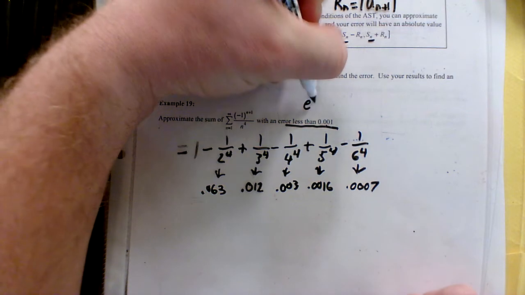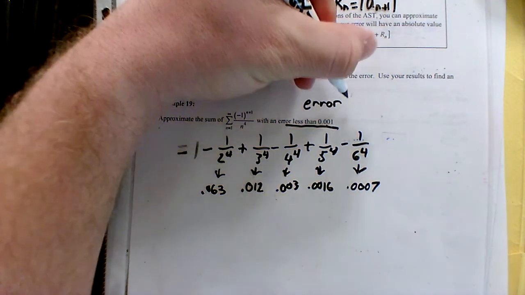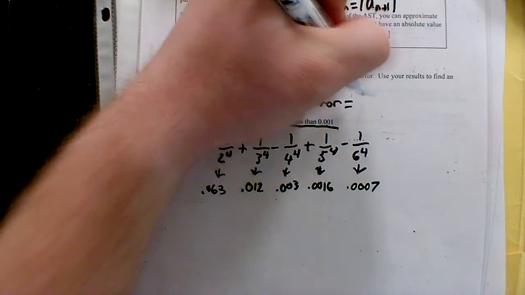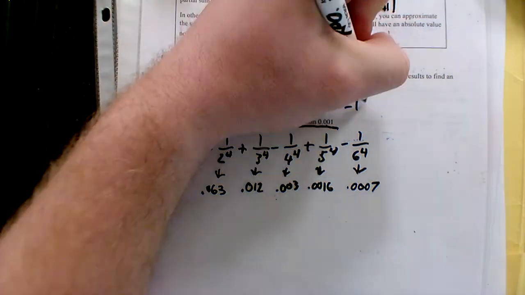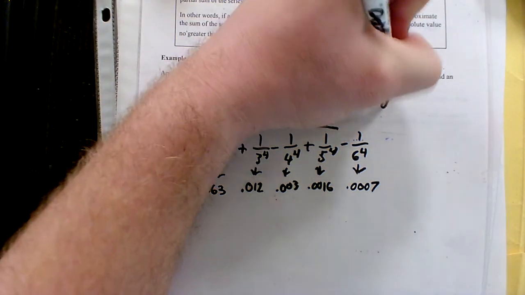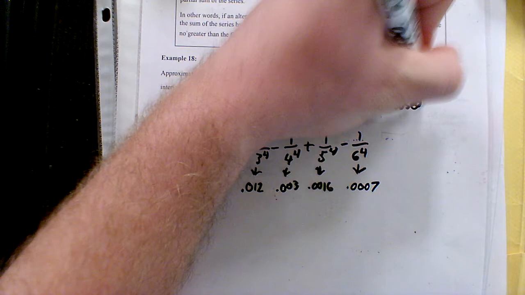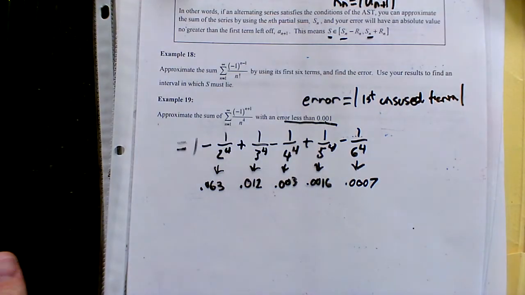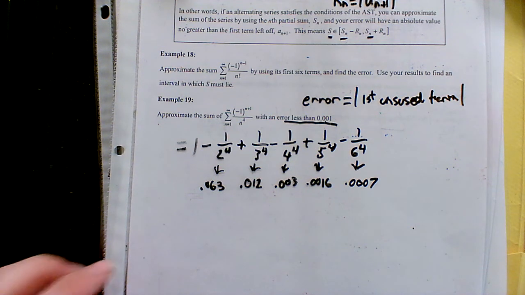So what we're going to call the error is equal to the absolute value of your first unused term. The error is equal to the absolute value of your first unused term.